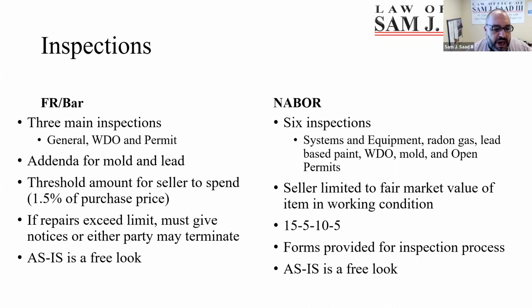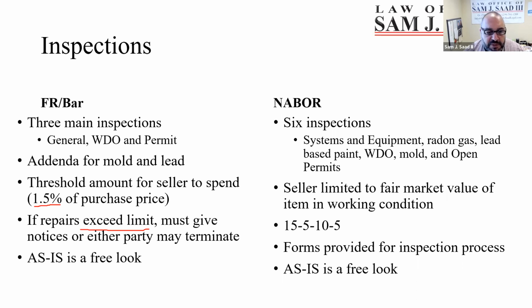So if you have inspection items that come up that do not exceed the repair limits, which default is 1.5%, then the seller will spend the money, whether they want to or not, to get those repairs done. If the repairs exceed the repair limit, then the parties give notice to each other and they discuss it. And if they don't get it sorted out, then neither party can terminate.